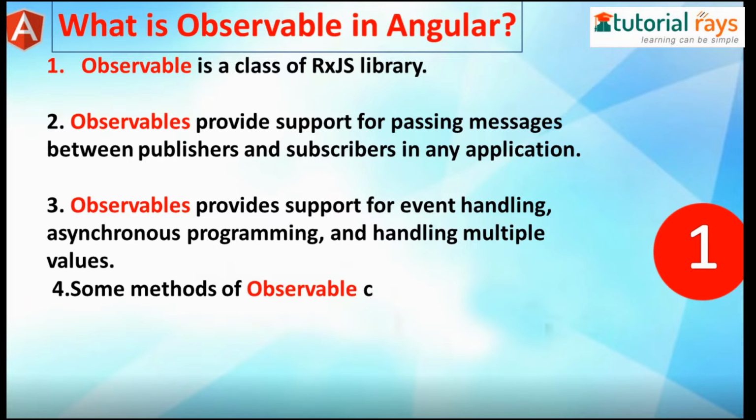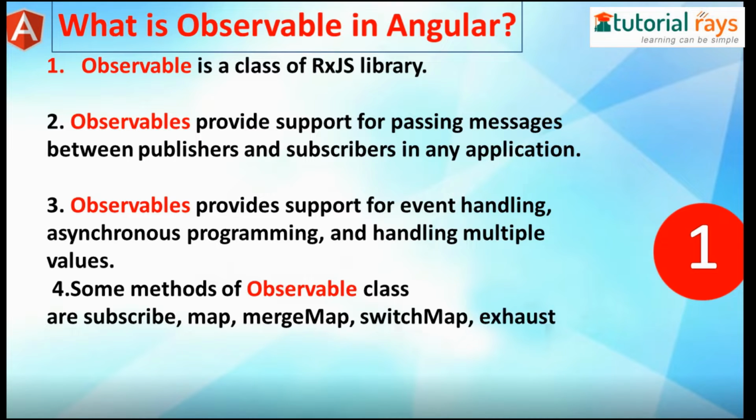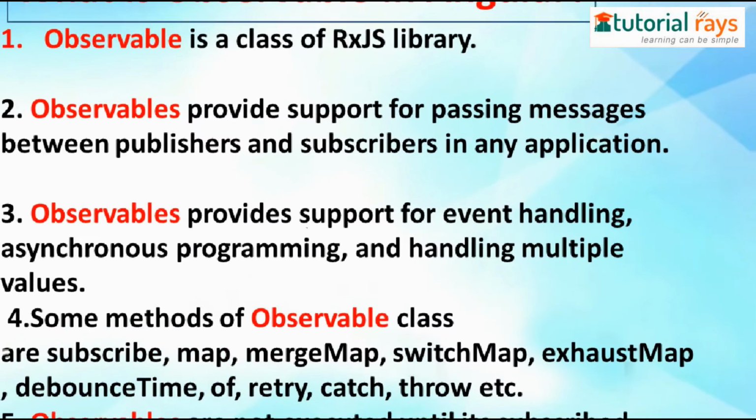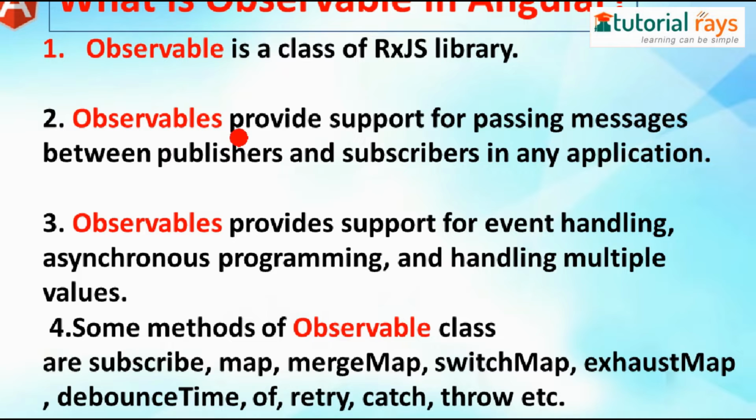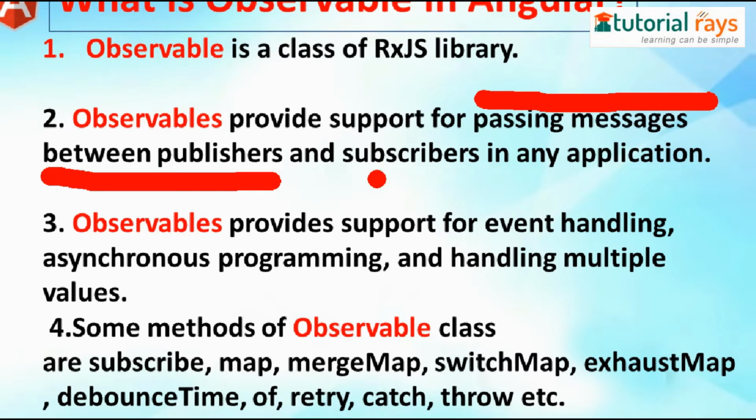The second point is, observables provide support for passing messages between publisher and subscriber in any application. Remember, this second point is very important, and I have taken it directly from Angular's official website. So let's watch it carefully. Observables provide support for passing messages between publishers and subscribers in any application.